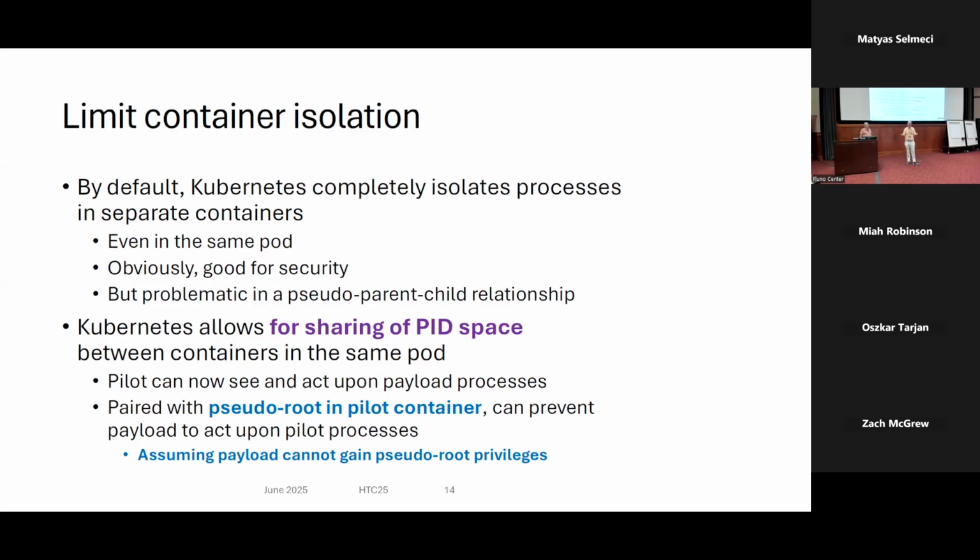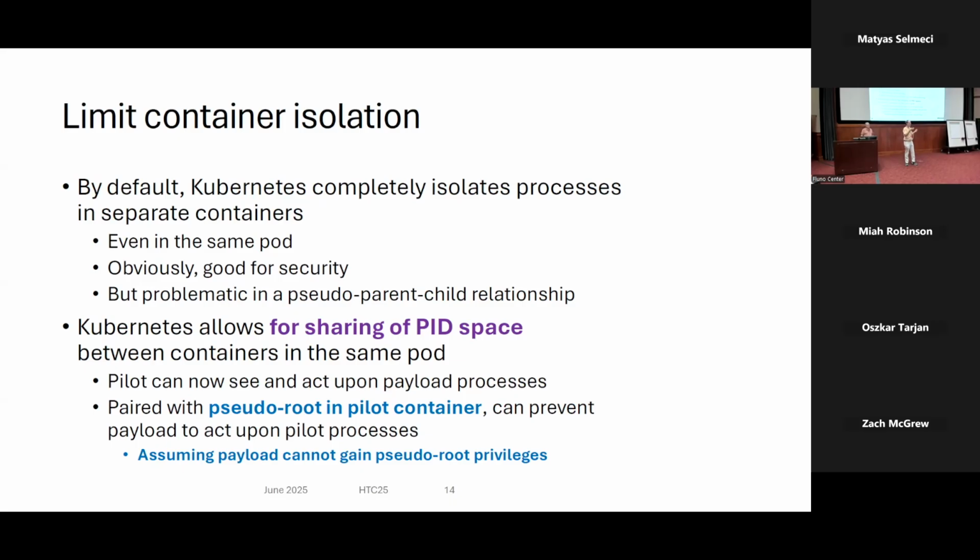There are many ways you can go around it, but in Kubernetes in particular, it's easy to say, well, I don't want this level of protection. Make sure that all containers in a single pod can see the processes of each other. And it's not a privileged operation. You can just say during the definition, I own all the containers, so I'm happy to do that.